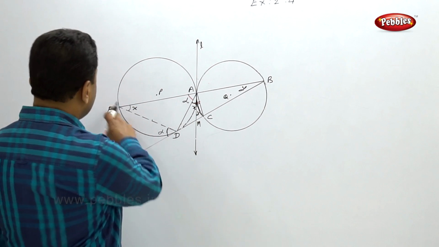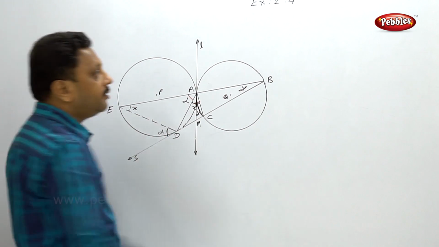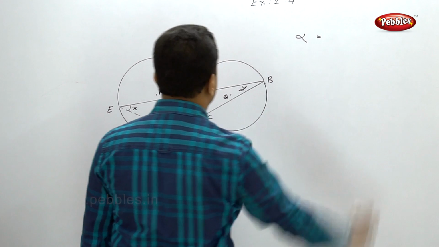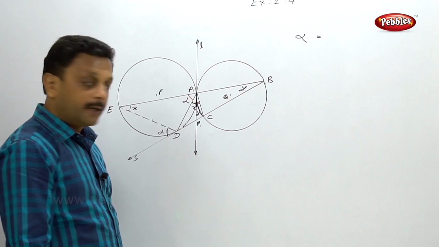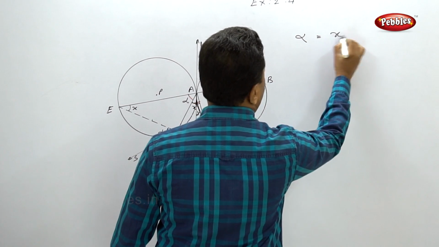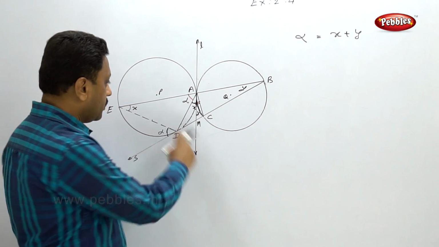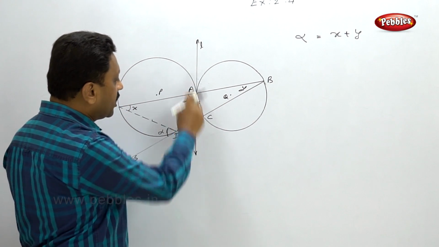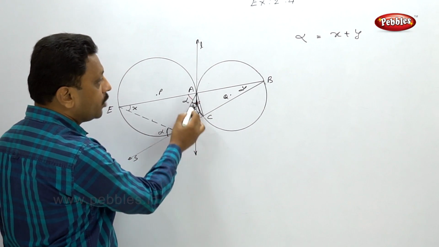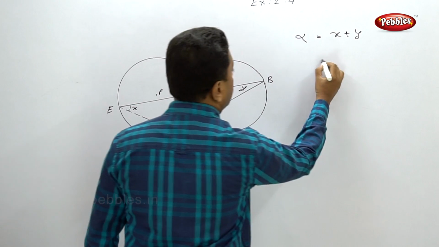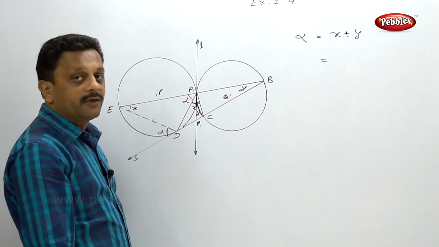Now in this bigger triangle EBD, this alpha is the external angle. This external angle is equal to the sum of the remote interior angles, that is X plus Y. But these two angles are also X plus Y. Now I can give the name.